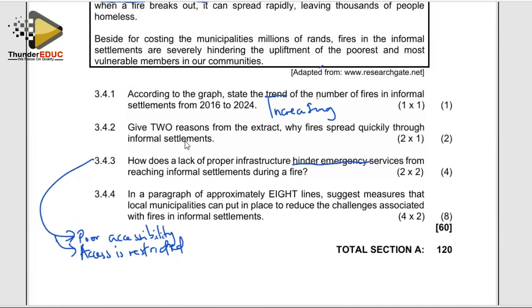Or sometimes it's difficult to navigate. Some of the roads are not easily passable. It becomes very difficult to navigate to those areas. And as a result, it results in delays in response.